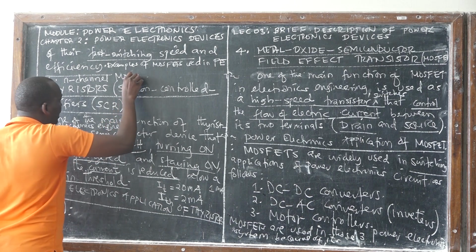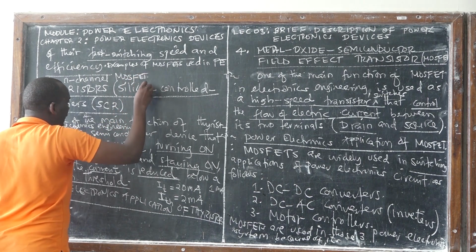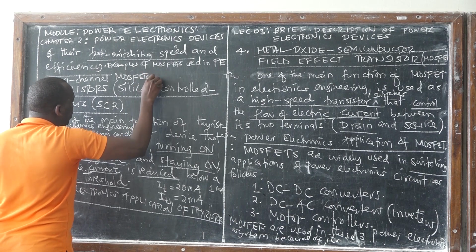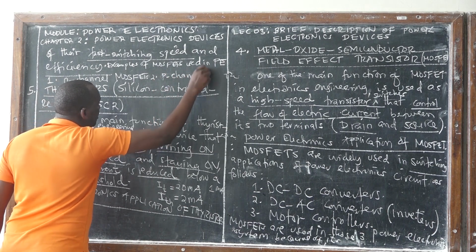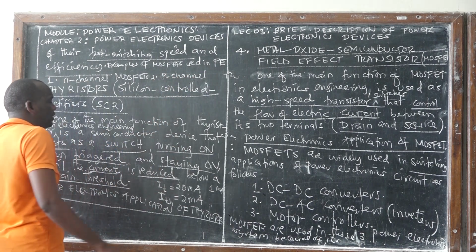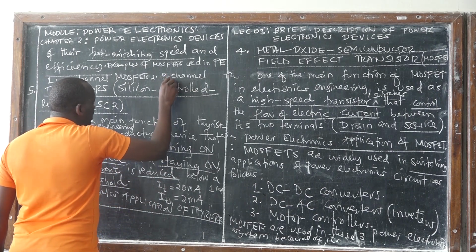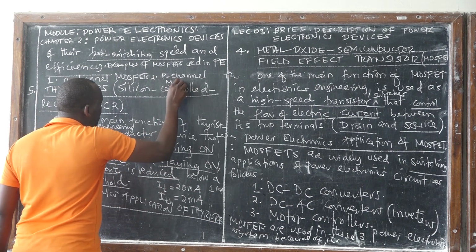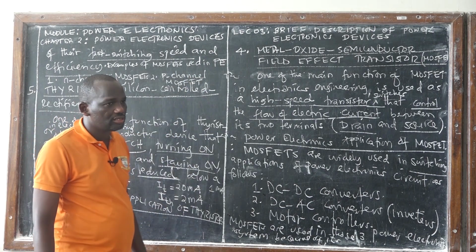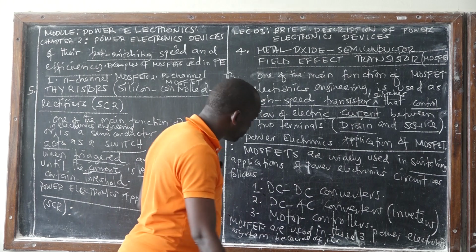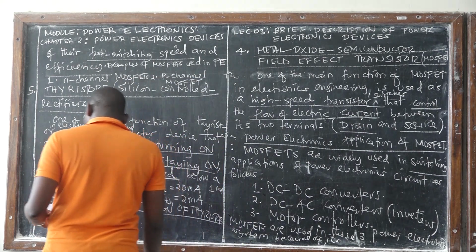We are using N-channel MOSFET in power electronics, but also we are using P-channel. Class, say it loudly: N-channel MOSFET. Say P-channel MOSFET. Those are the examples of MOSFET.